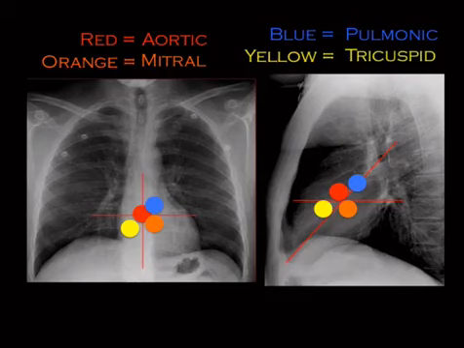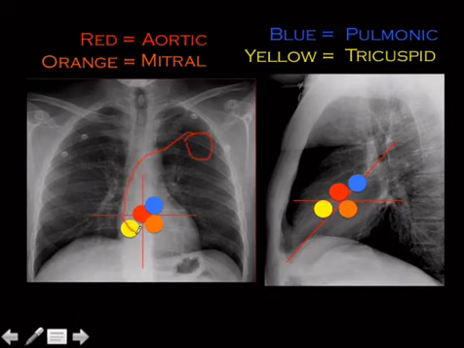And the way that I sometimes will remember the tricuspid is if they have a pacemaker here and they show the lead, and the lead goes through that tricuspid valve. That is a way to prove that that is the tricuspid.